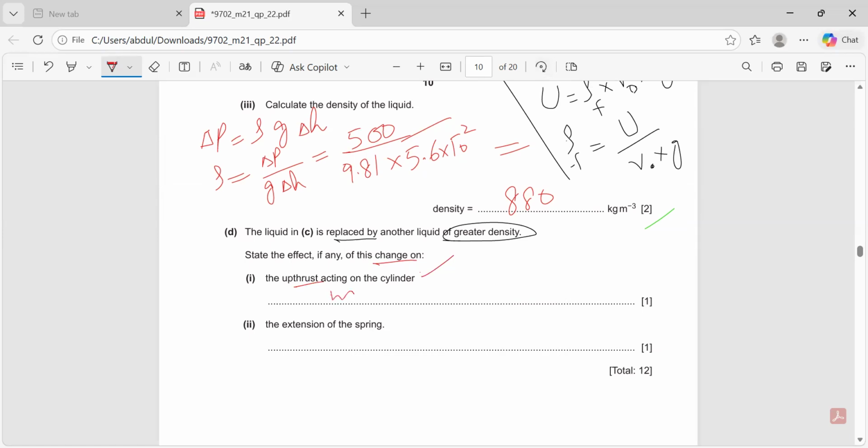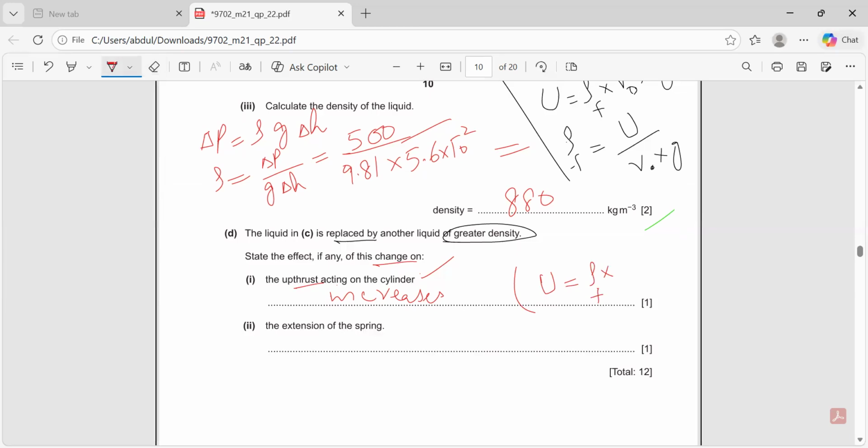My dear son, I will write: increases. Always try to answer by C. What is upthrust? Upthrust is equal to density of the fluid times the volume of the object, V capital, times g. Now, volume of the object was a cylinder before, and now it is also a cylinder.